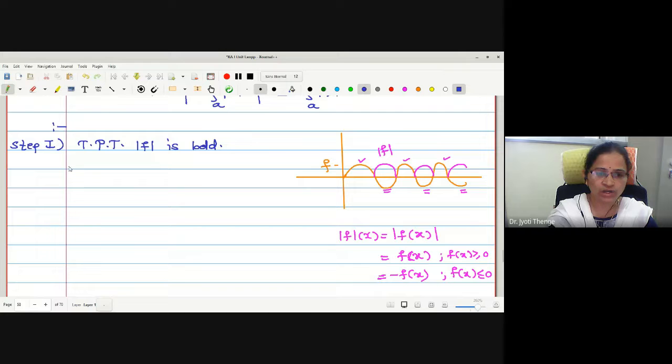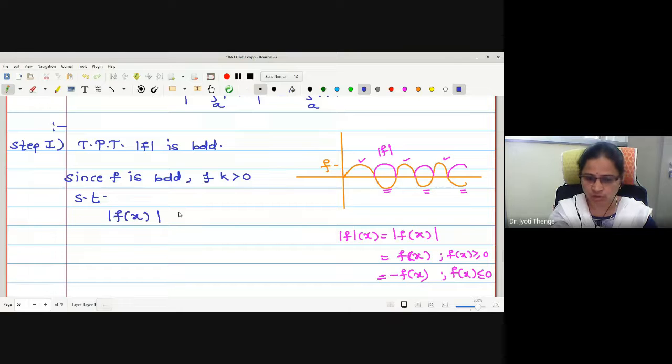But what is given to us? Since f is bounded, it is given to be bounded. Therefore, there exists a positive constant k such that mod of f of x is less than or equal to k for all x in the given interval ab. This is the definition. Now, how is this mod f function defined?